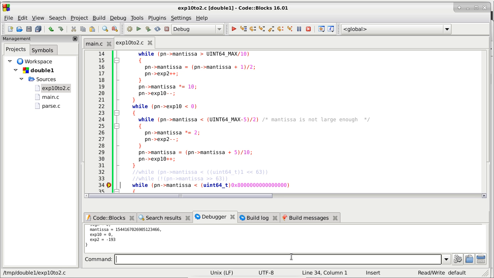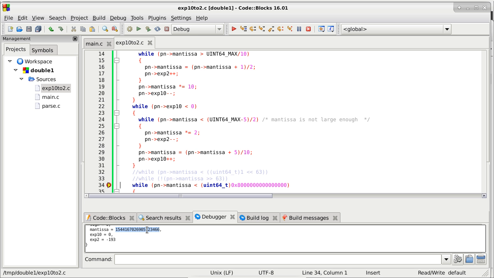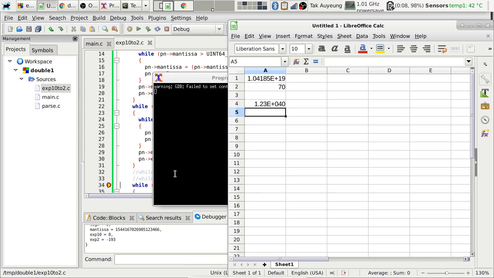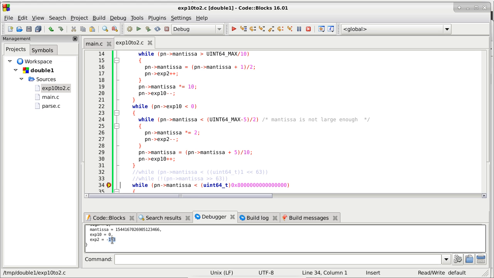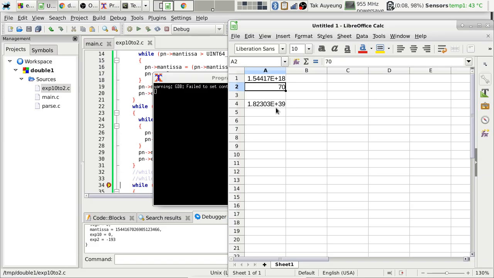So the question is, is that really representing the same value that we started off with, which is 1.23 times 10 to the power of -40? So how do we check? Spreadsheet, very good. So we copy this to this part here. And then we copy and paste this one to the second part. Oh, forgot about the sign here. Yep, there we go. So we got everything back.